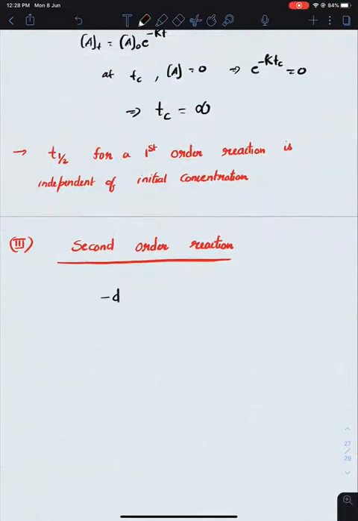The expression will be minus dA upon dt equals to K into concentration of A पर 2 होगा. Integrate this particular expression and tell me the value of AT as a function of time. Take 2 minutes time and get the expression.